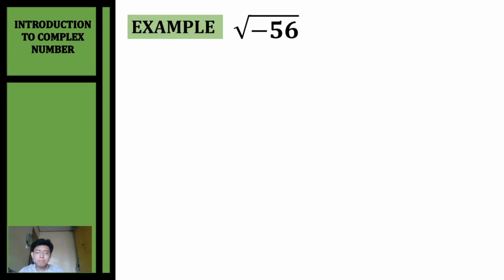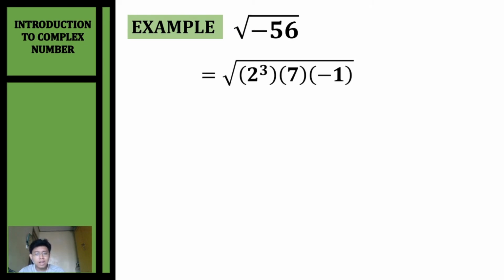For example, we're going to get the square root of -56. First, we're going to factor our radicand. The factors of -56 are 2 cubed times 7 times -1. Now we get the square root of each factor.